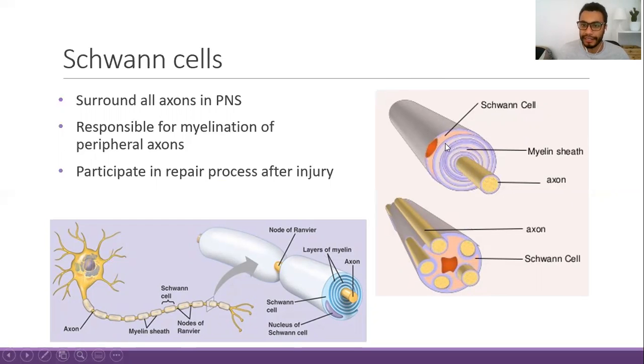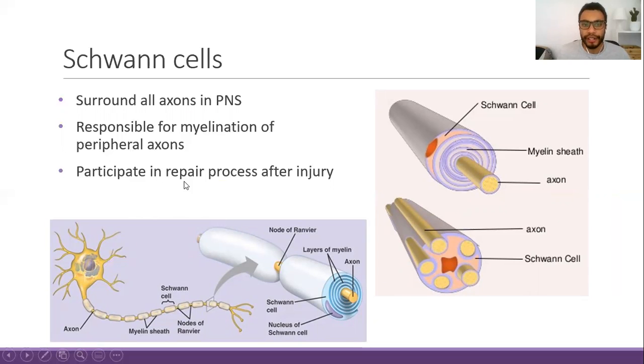This is a myelinated axon, and we have Schwann cells surrounding it and giving support. And we also have this example of an unmyelinated axon, so there is no myelin here, and we have Schwann cells here making this support in the peripheral nervous system.